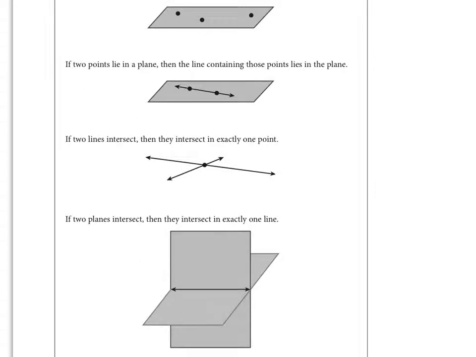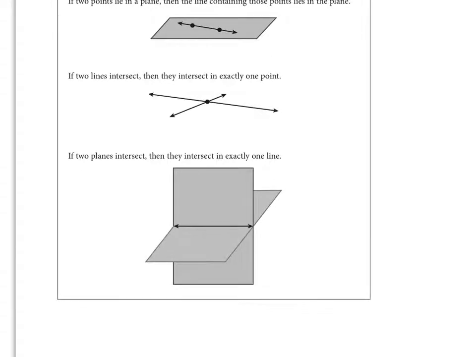If 2 points lie in a plane, then the line containing those points is also in the plane. So if the points are in this plane, the line is also on the same plane. Okay, that's important. This is postulate 6, I believe. If 2 lines intersect, here's one line, here's the second line, they intersect in exactly 1 point.